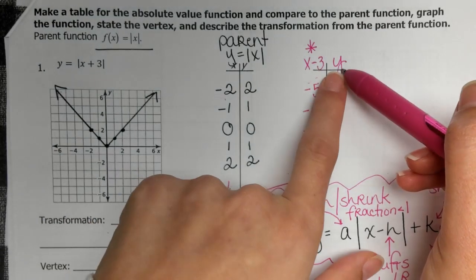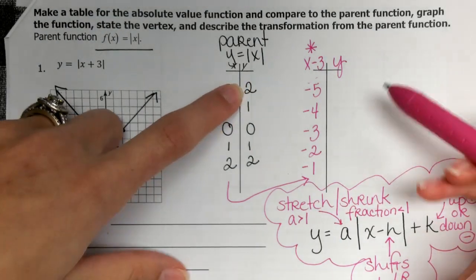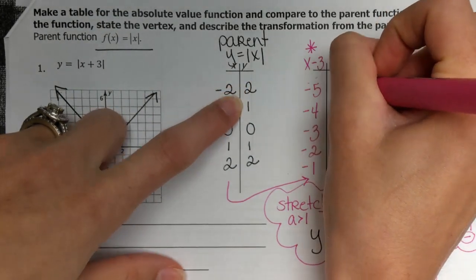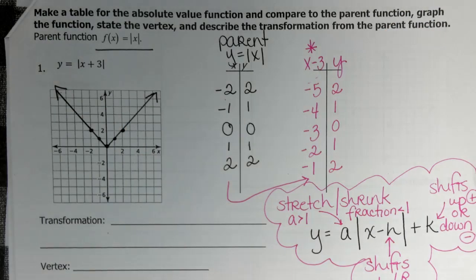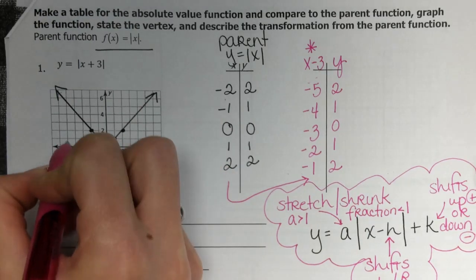Now my y values, I said, didn't change, so I'm going to copy all of those y values. 2, 1, 0, 1, 2. That's my new graph. So -5, 2.